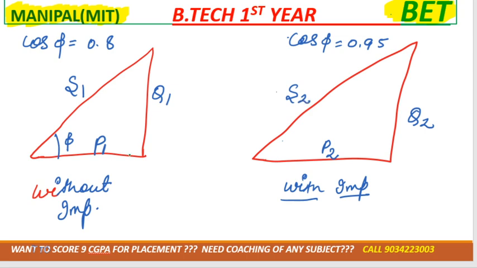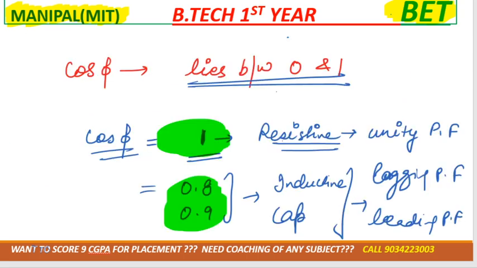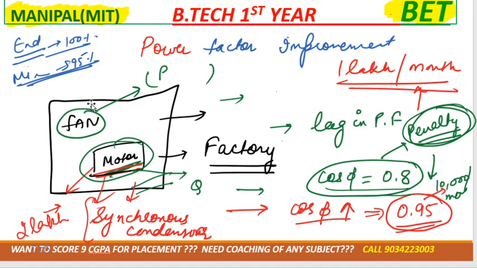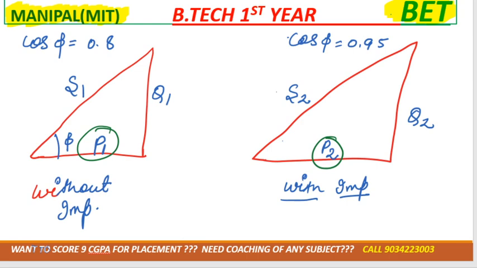Okay. So with improvement and without improvement, जो तुम fan use कर रहे थे, is that same or different? मतलब synchronous condenser लगाने से पहले you are using a fan. That is also the same. Synchronous condenser के बाद भी तुम fan वही use कर रहे हो. So according to you, is active power the same or different? Same only na, without and with improvement.